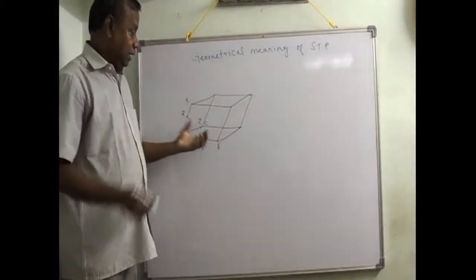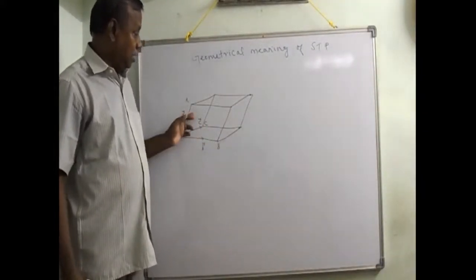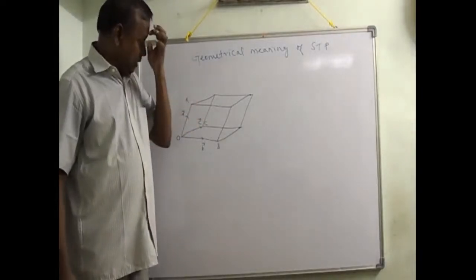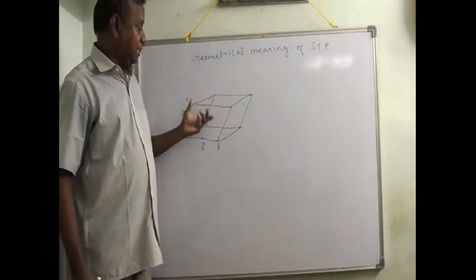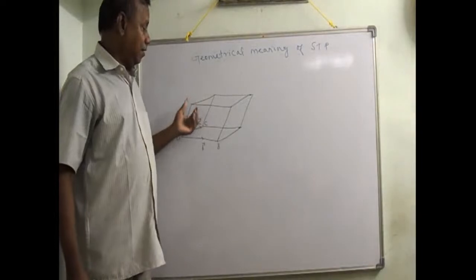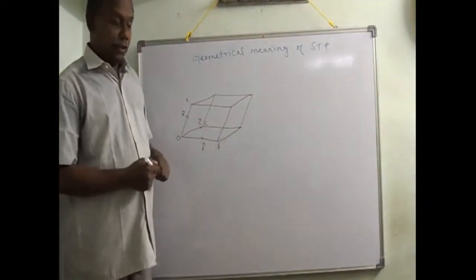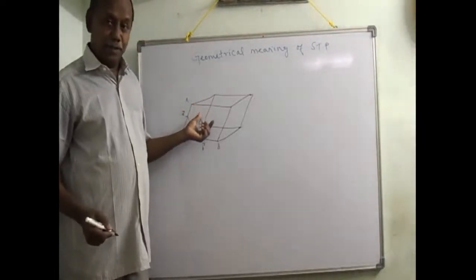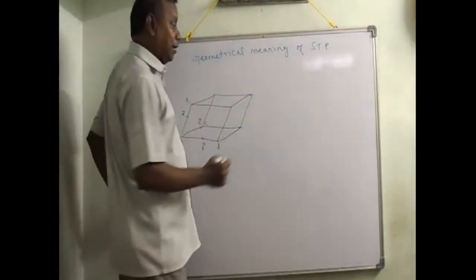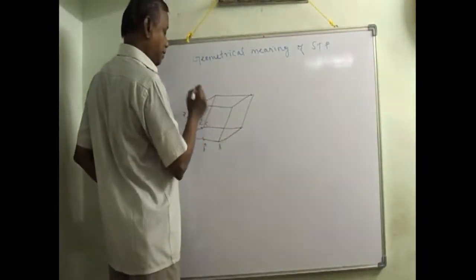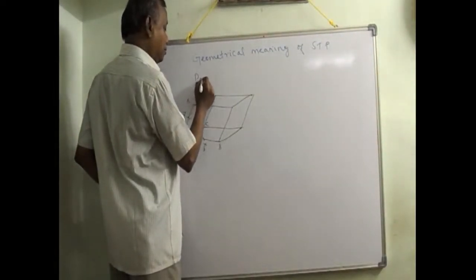Here the base is a parallelogram and all the adjacent sides are parallelograms. The top and the bottom are also parallelograms. Therefore, the three-dimensional object obtained here is a parallelepiped.